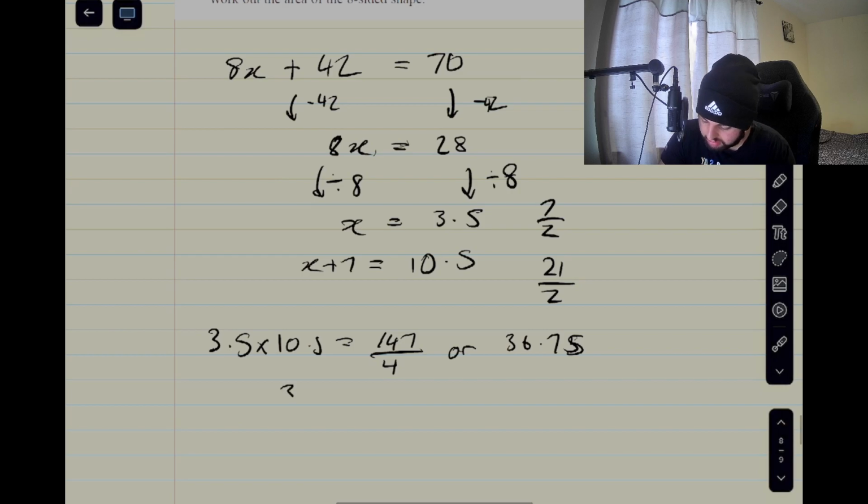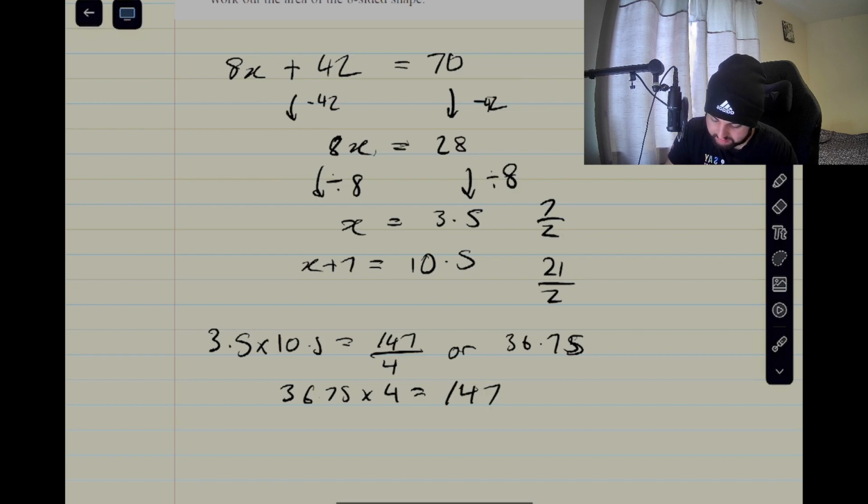Because there's 4 rectangles in total for the 8-sided shape, we're just going to do 36.75 times 4, because there's 4 of them. And this is just 147. And that is the answer. 147 is the answer to the question. And as you guys can see, it was really easy to get.